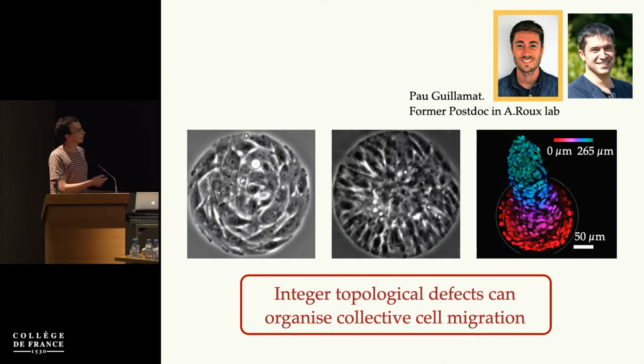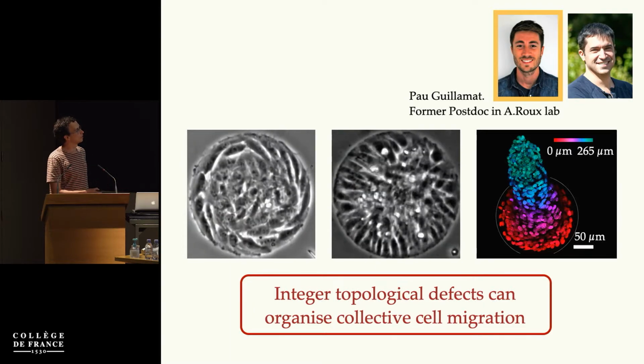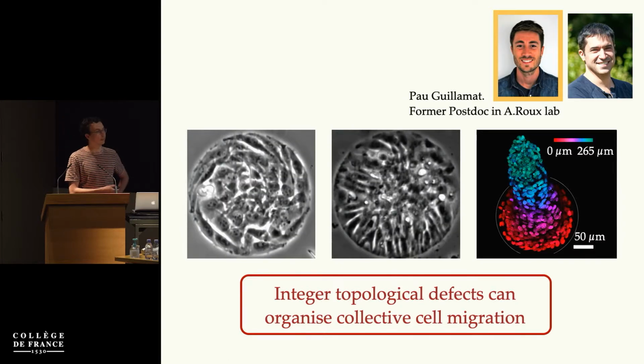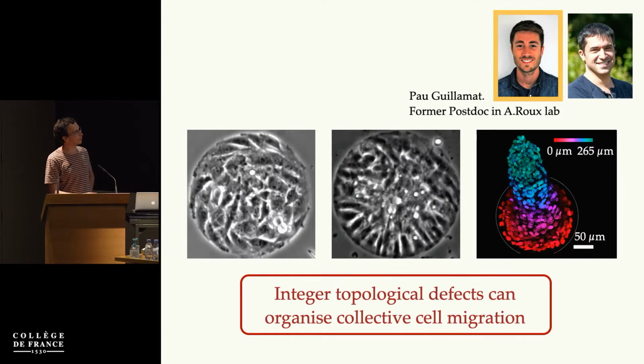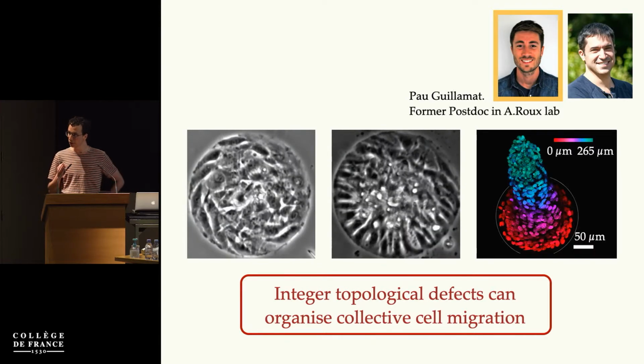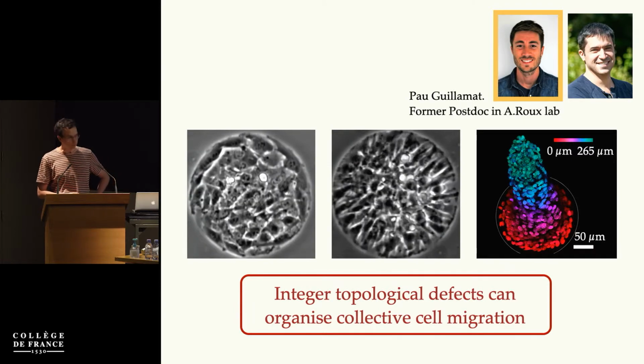And so at early times and low densities, the cells organize into this configuration that we call a spiral that exhibits collective rotation. And after a few days, they switch into another state where the cells align perpendicularly to the interface, and there is no more collective rotation.